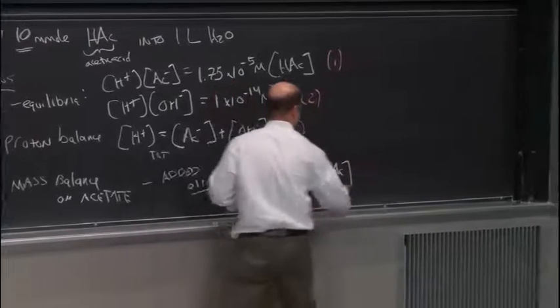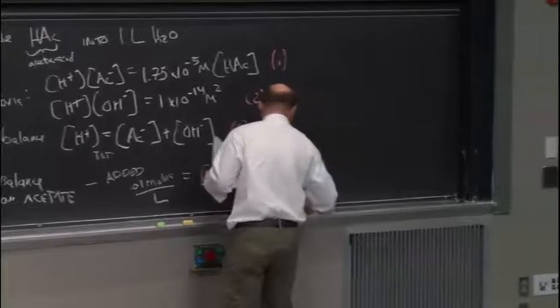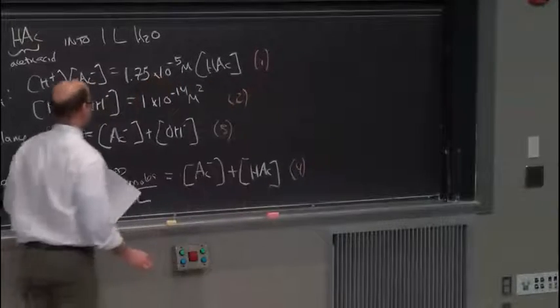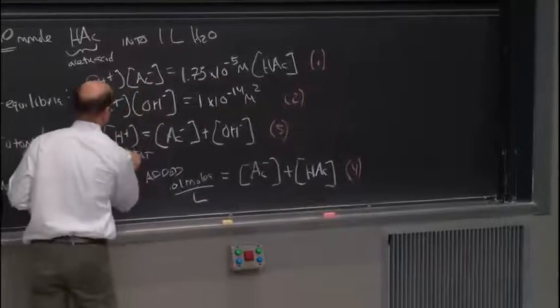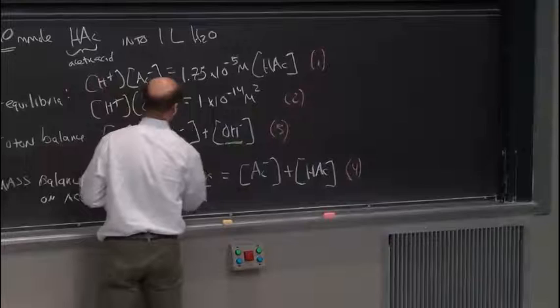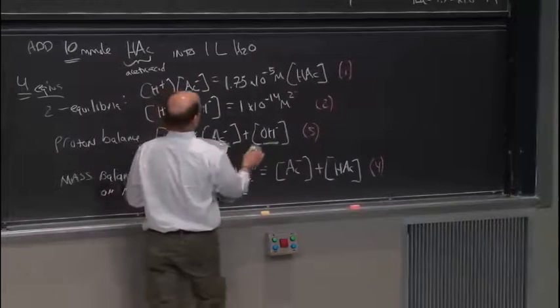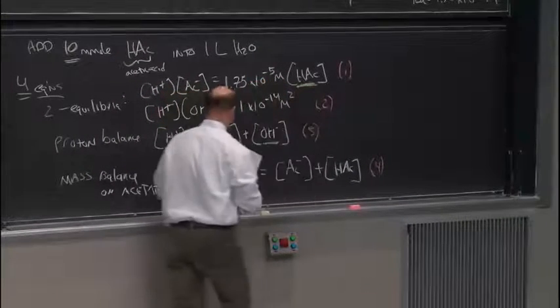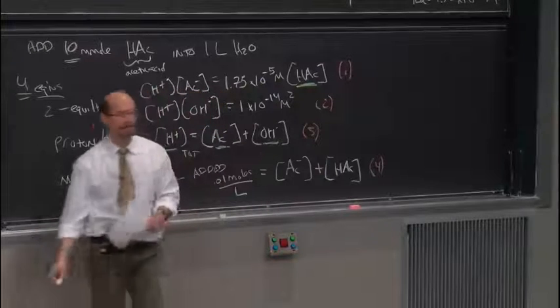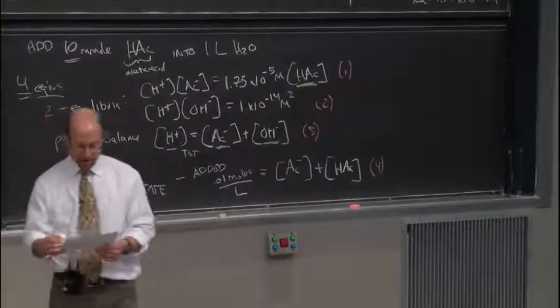And we'll call this equation 4. Now, I have 4 equations and I have 4 unknowns. Protons, hydroxide anions, acetate anions, and undissociated acetic acid. 4 equations, 4 unknowns.